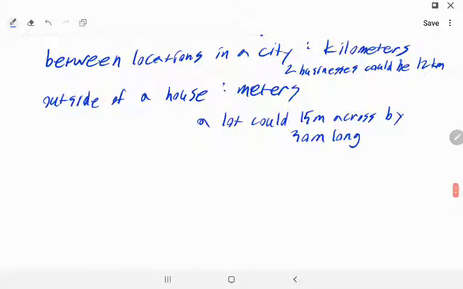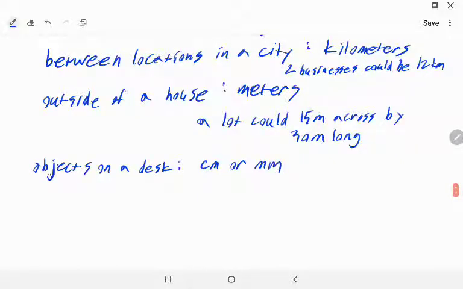Inside the house, if we're looking at a desk, so objects on a desk, we'd probably want to use centimeters or millimeters.